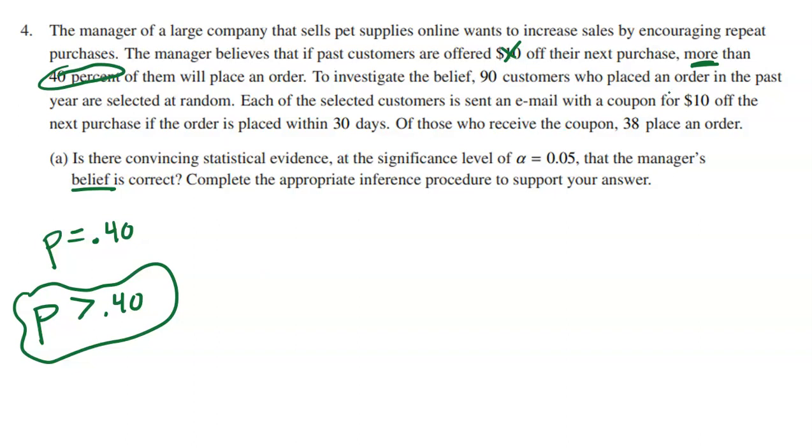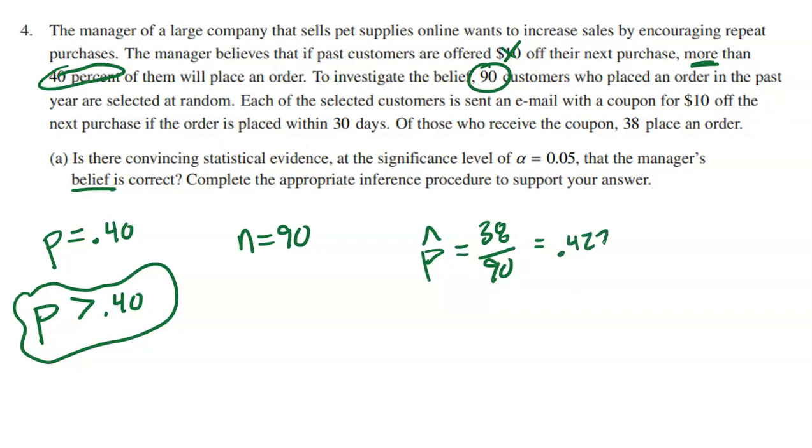Now, the sample was 90 customers. That was my sample size. And of those 90 customers, 38 out of the 90 did purchase an item using that coupon that they were sent. Now, this did come from a sample. So this proportion of 38 out of 90, and grab a calculator if you need to, that proportion is 0.42 repeating.